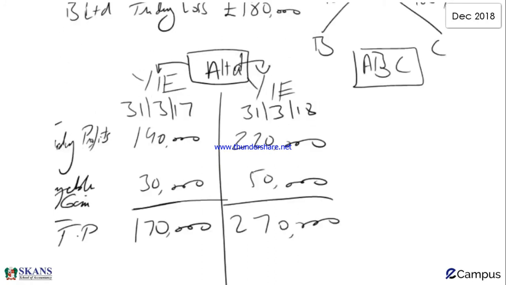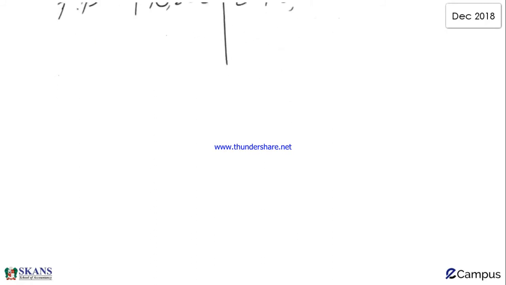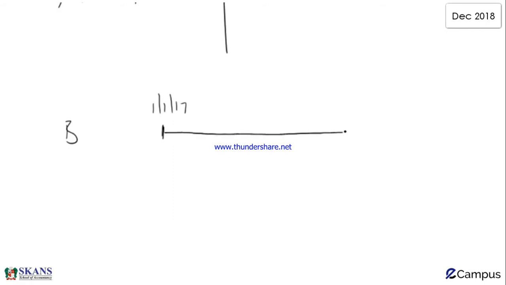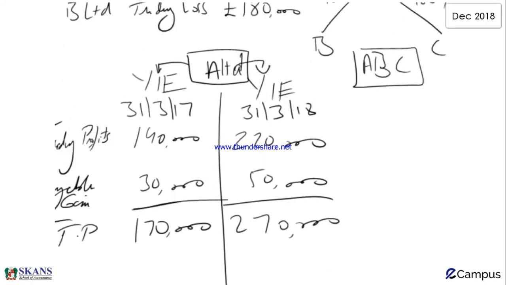And there are losses of 180,000, but those losses were generated in B Limited from January to December, and the profits we have are from April to March. Now, if we want to surrender the loss of B Limited, which is from 1st January 2017 to 31st December 2017, then if it is a loss of January to December, their profits must be from January to December.